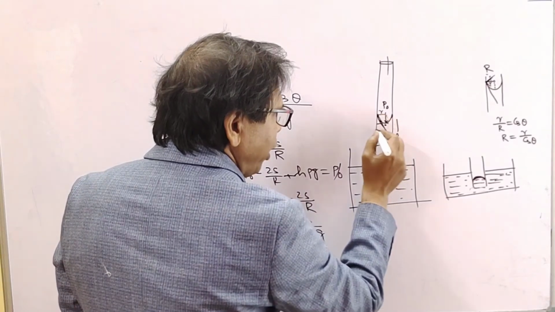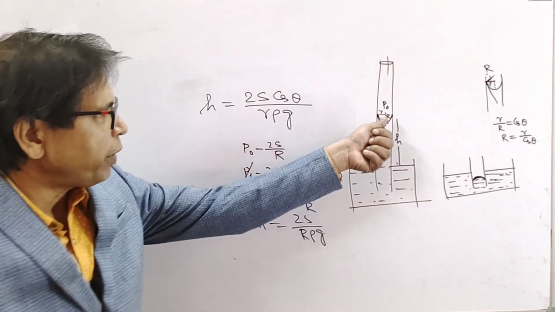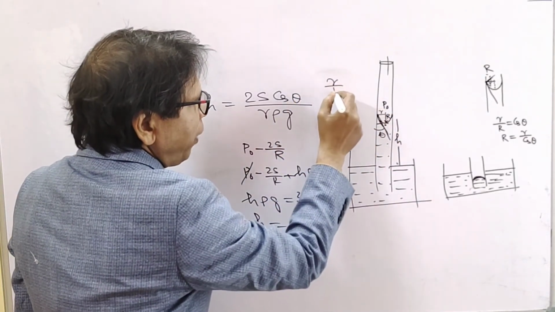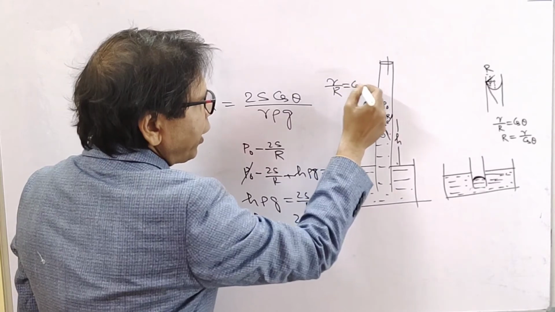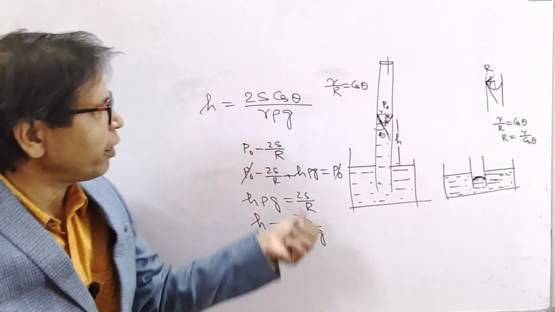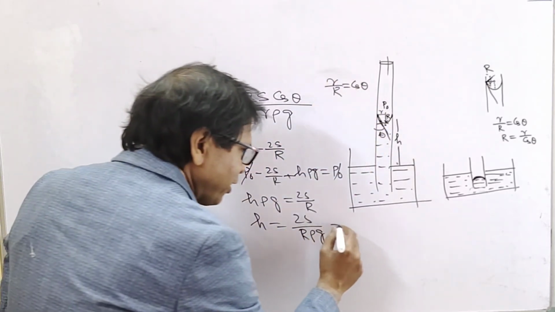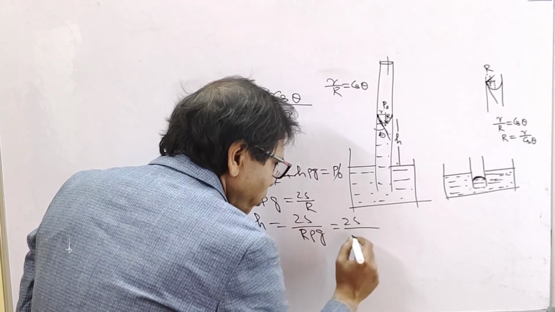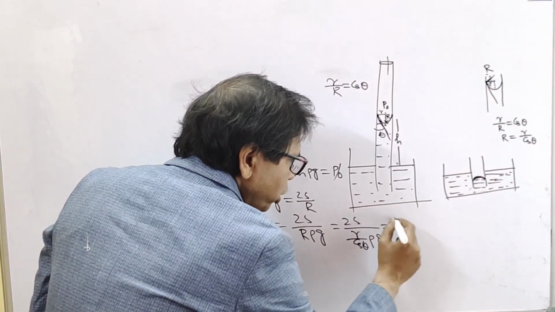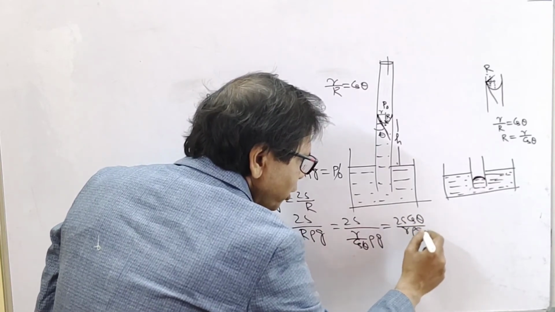If theta is the angle of contact, then the relation between them is r by R equals cos theta. So capital R is replaced by r by cos theta. So h equals 2S by (r by cos theta) rho g, that is, h equals 2S cos theta divided by r rho g.